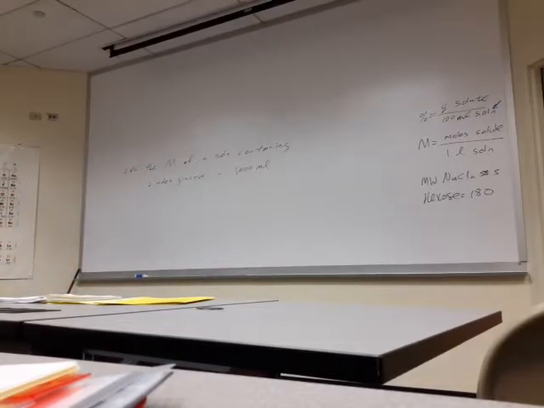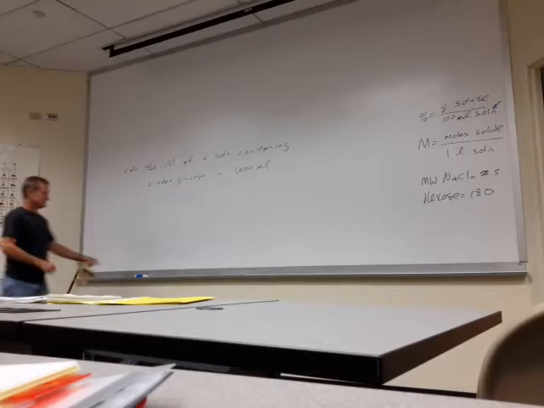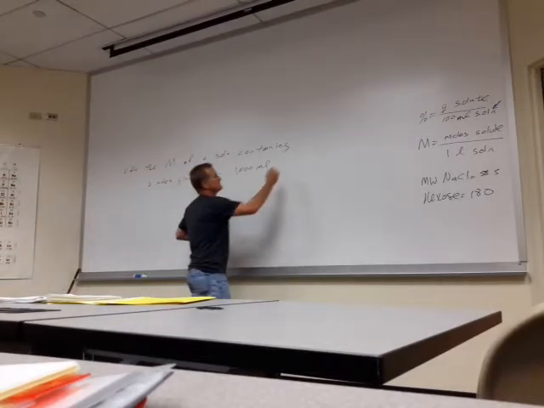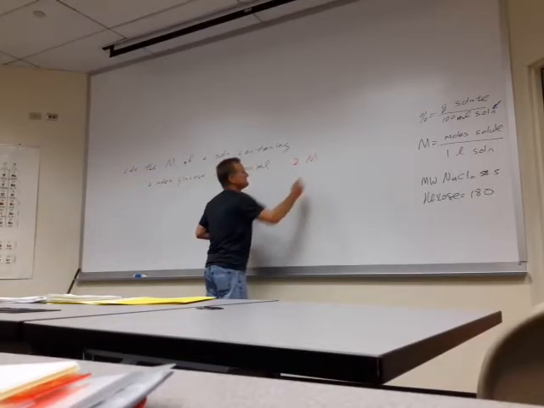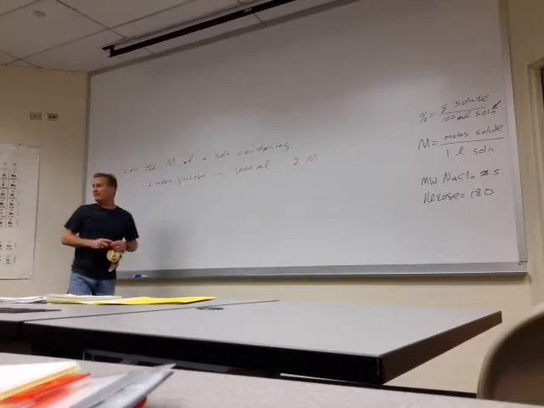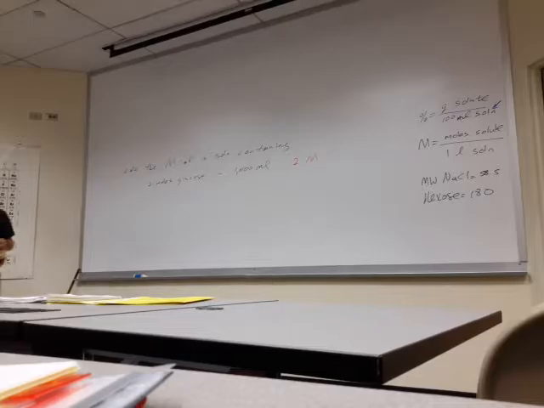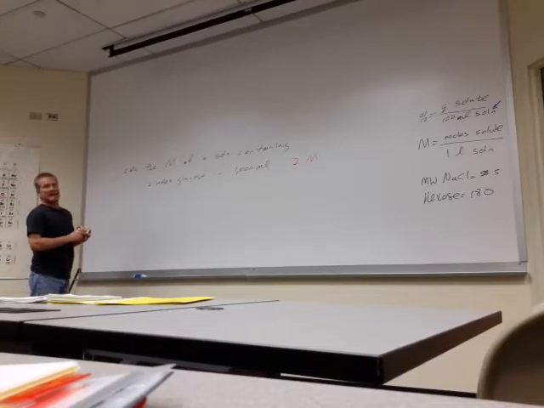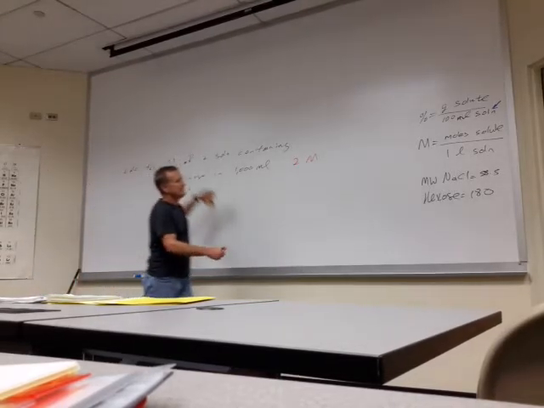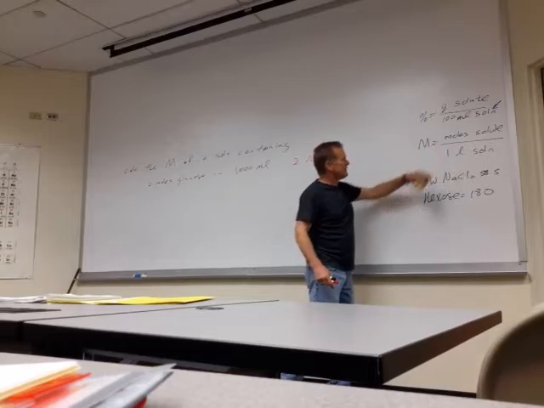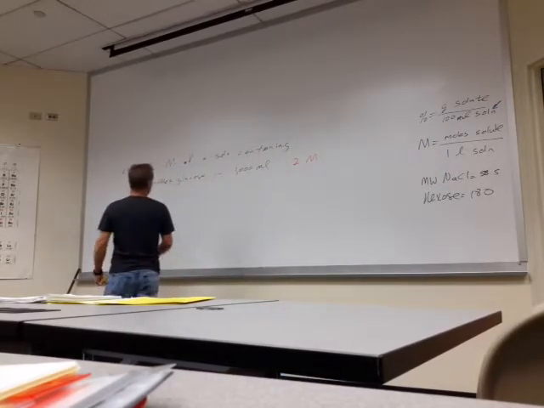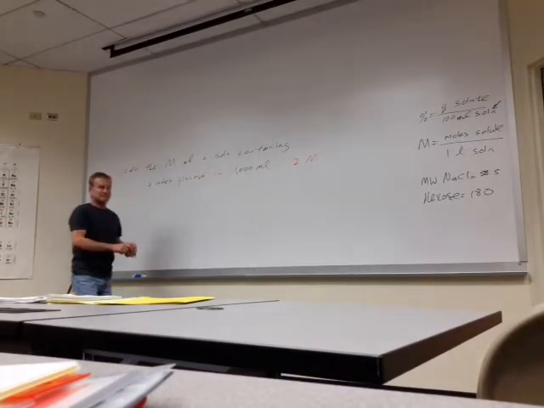The answer is 2. Okay, just as I did with percent, I give you what I call mathless math questions. I like it when the math is mathless. What was I given? What do I want? I want molarity. I want to know how many moles are in 1 liter. What was I given? Oh, 2 moles in 1 liter.